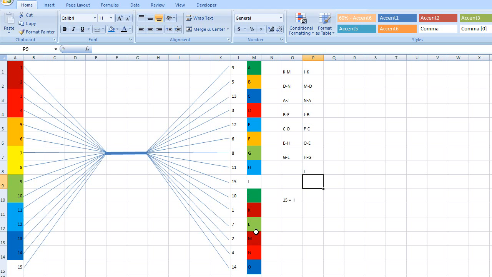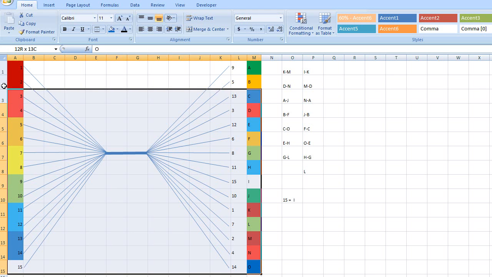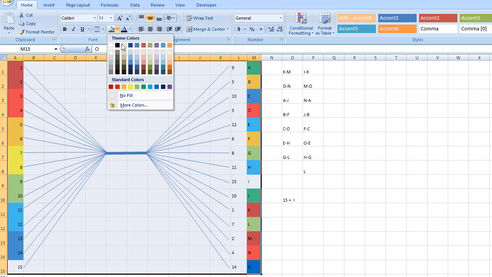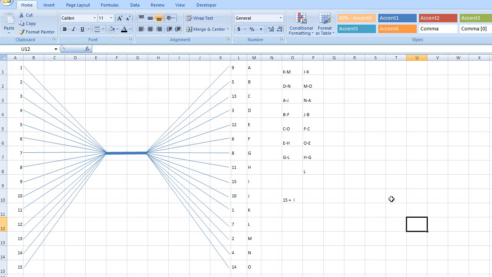Now, just for simplicity, I'm going to remove the colors here. Alright. So when we move back to the left hand side, we're going to find out that the one without a pair, which is number 7, is going to be L, right?